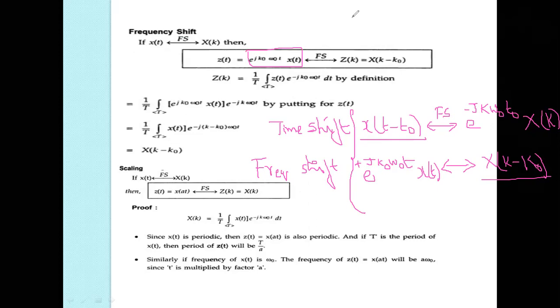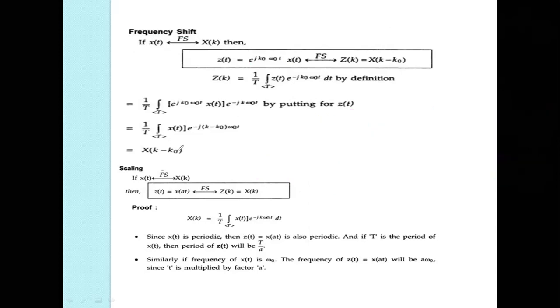Then coming to the next one, the fourth property, scaling property. Till now we discussed the linearity property, time shift property, and frequency shift property. Now coming to the fourth property, scaling property. Here you have to remember two words for the scaling.